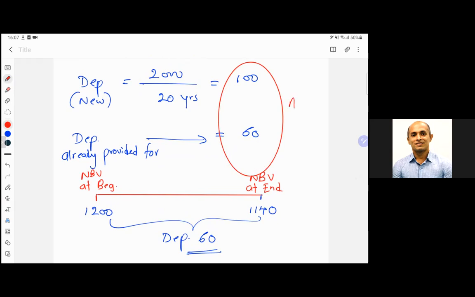You need additional depreciation 40. So after the revaluation, the company should have charged 100 depreciation, but the company charged only 60. Then you have to provide additional depreciation 40.